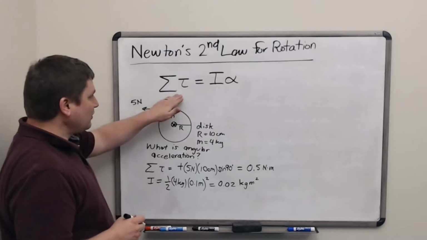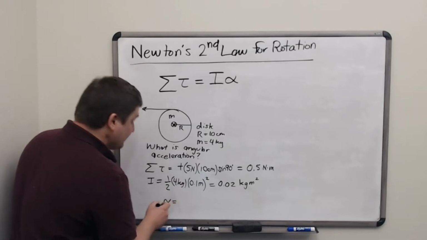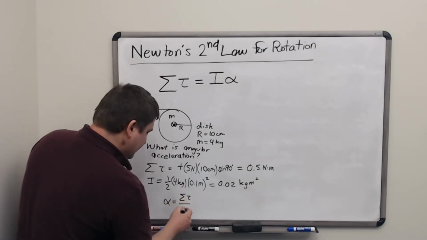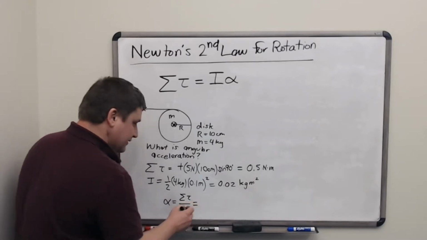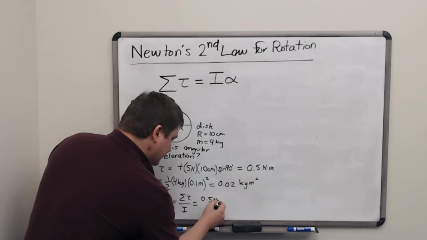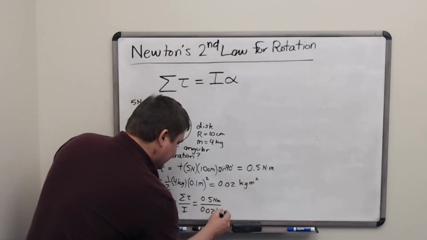Now that I know the total torque and the moment of inertia, I can just divide the torque by the inertia to get the angular acceleration. So 0.5 Newton meters over 0.02 kilogram meters squared.